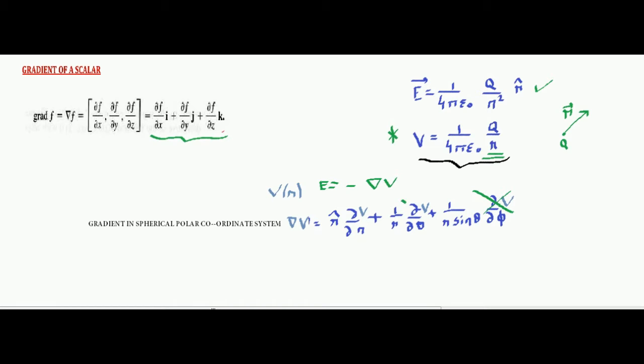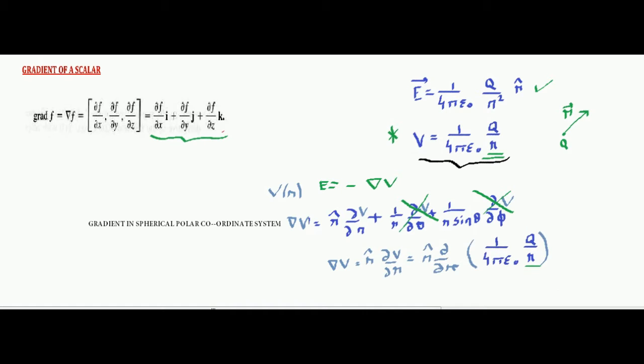Since V is not a function of theta, dV by d theta is 0. So what am I left with? I am left with the gradient of V as r cap del V by del r. Agreed? So let us see, when we put the value of V in this form, what do we get?